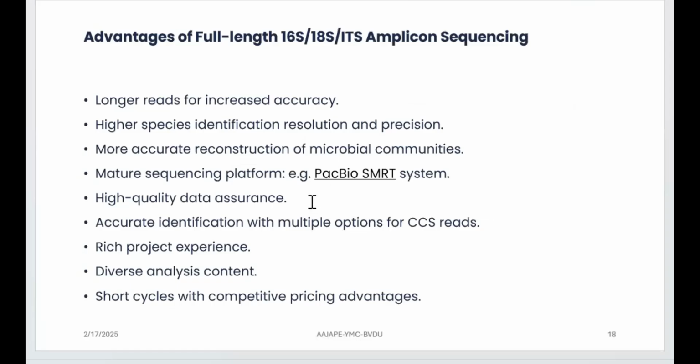Now advantages against the ITS region alone or against the 18S region alone, or partial variable regions, if you go for full length 18S or complete ITS amplicon sequencing, what is the use? Of course, the longer the reads, the better the accuracy, and you can get higher species identification, resolution and precision.